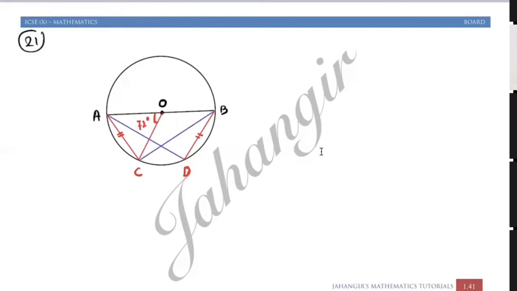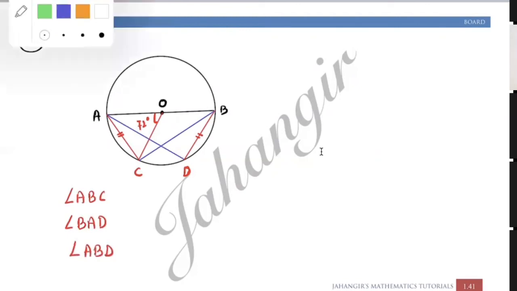We have to find angle ABC, angle BAD, angle ABD. So in the first part we can find angle ABC easily by taking a triangle, in which we have 90 degree.